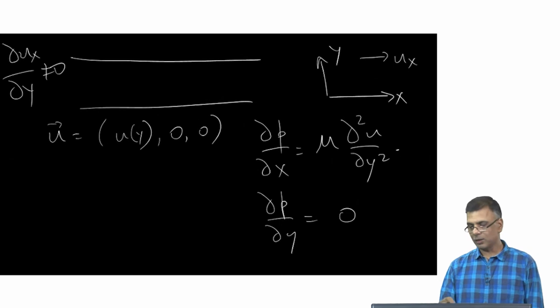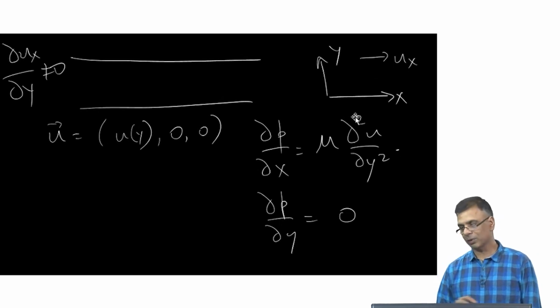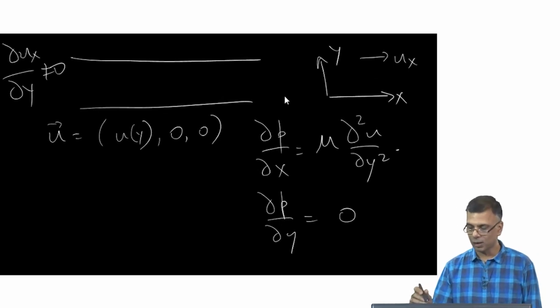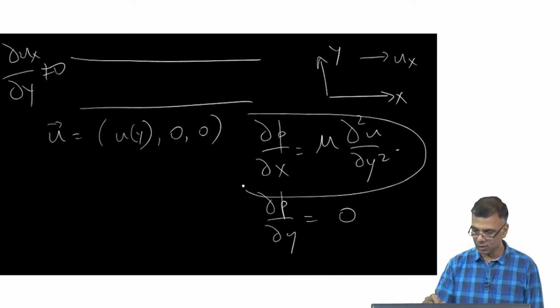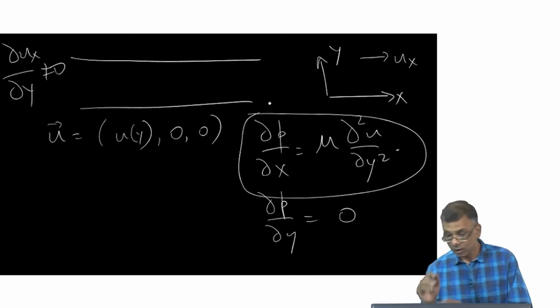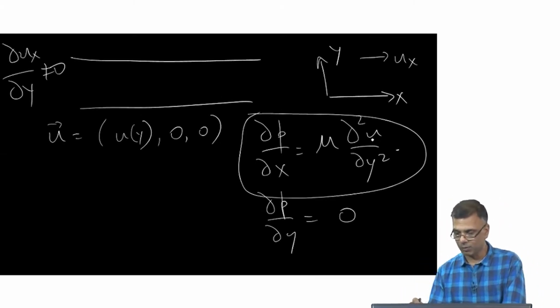Okay. Now you see how remarkably simple this already is beginning to look. In particular, we focus only on this, nothing else. Now as far as finding out the y variation of u is concerned, this is as good as a constant.